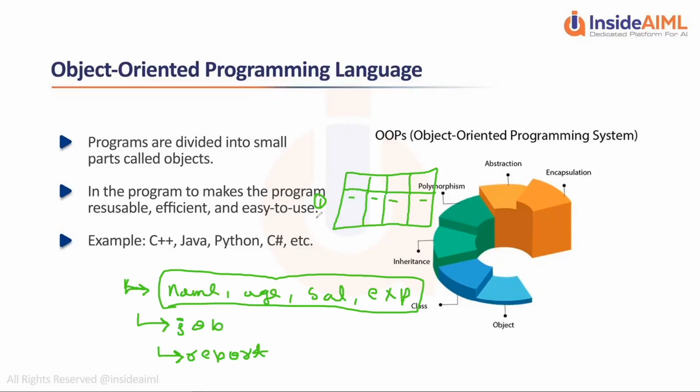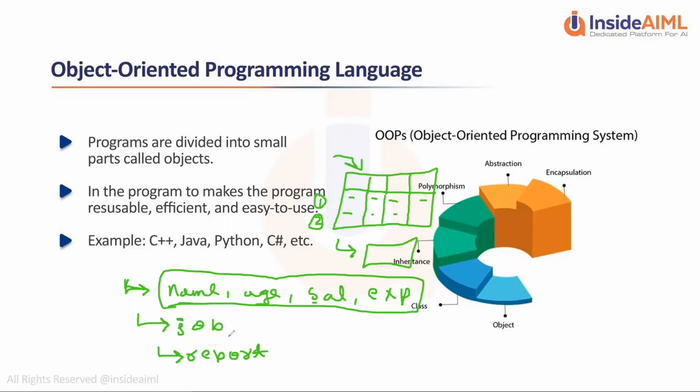Then when the second employee joins, I will enter the details of the second employee. I don't have to create this structure again and again. I have a blueprint already designed for me. Whenever someone joins, I will require these attributes of that particular employee. I can feed in the data, and also I can define some operations, some functions that those employees will do.